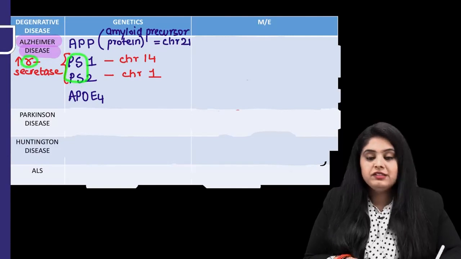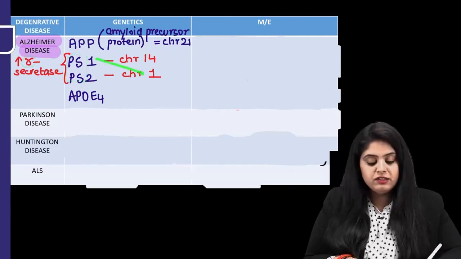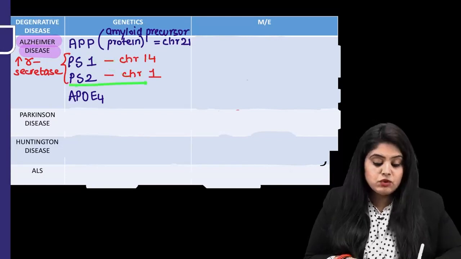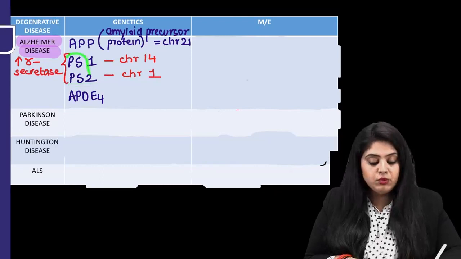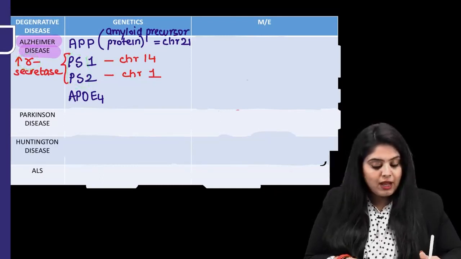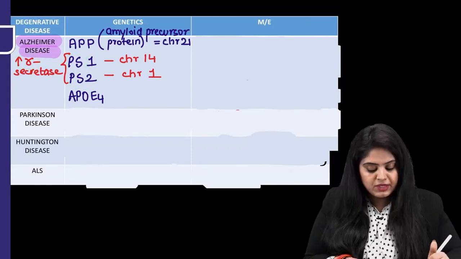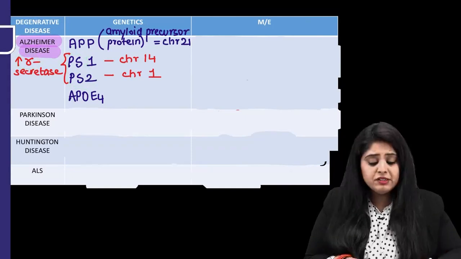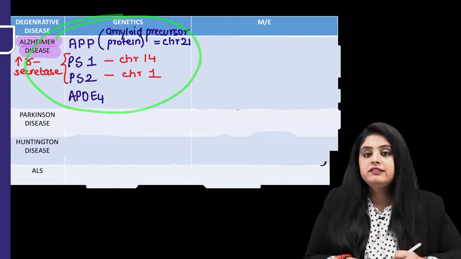PlayStation basically increases the gamma secretase. And remember, 1 is not on 1. PS1 is present on chromosome 14 and PS2 is present on chromosome 1. Repeating, both the PlayStations release or increase gamma secretase. Coming to ApoE4, ApoE4 is also associated with Alzheimer's. More severe Alzheimer's can occur, and these are all the genetics involved in Alzheimer's disease.